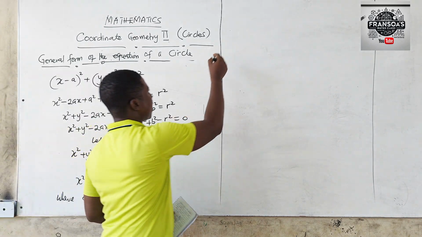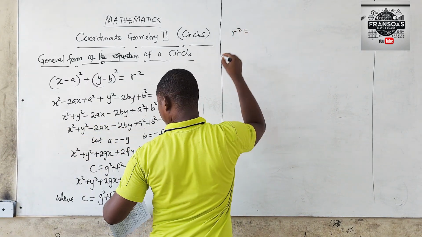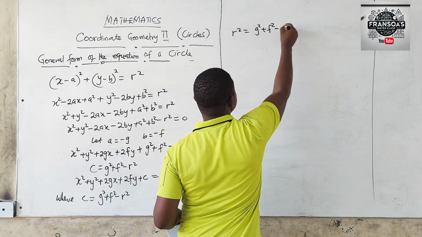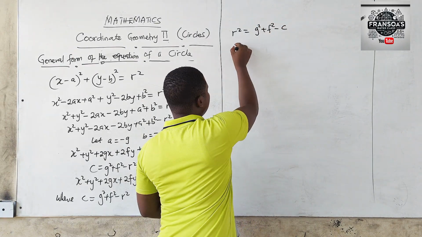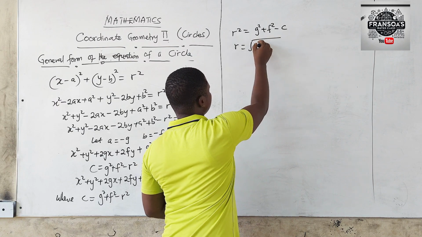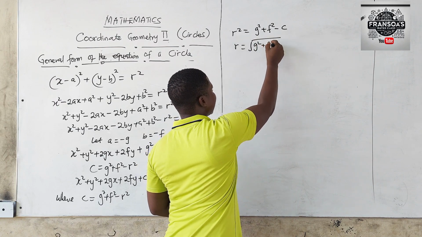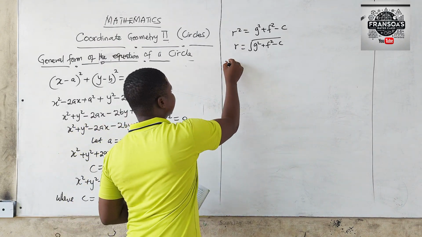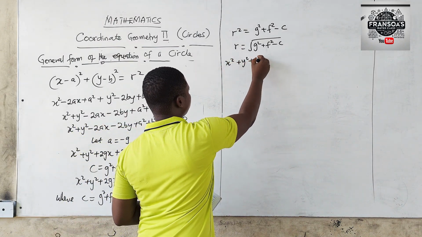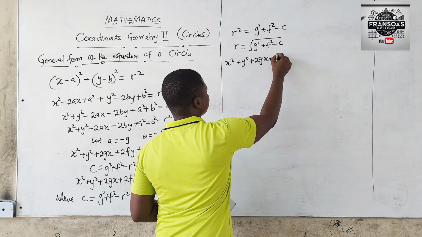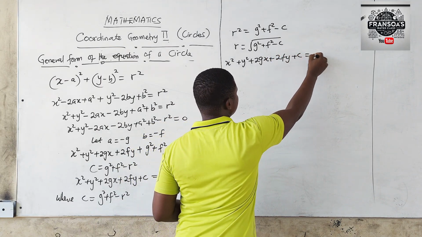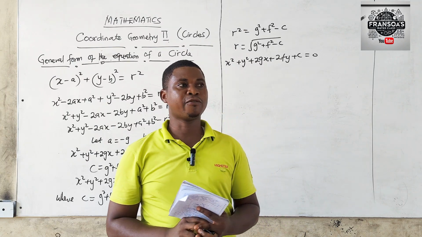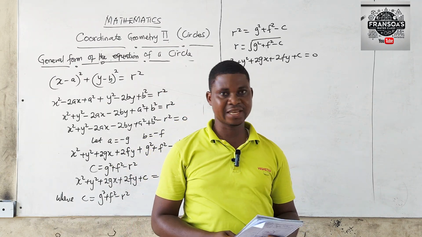So r squared is equal to g squared plus f squared minus c. So r becomes the square root of g squared plus f squared minus c. And this one, x squared plus y squared plus 2gx plus 2fy plus c equal to 0, is the general form of the equation of a circle.